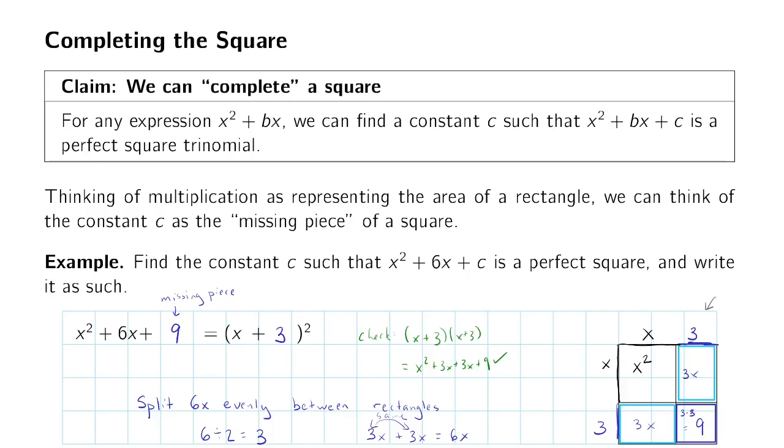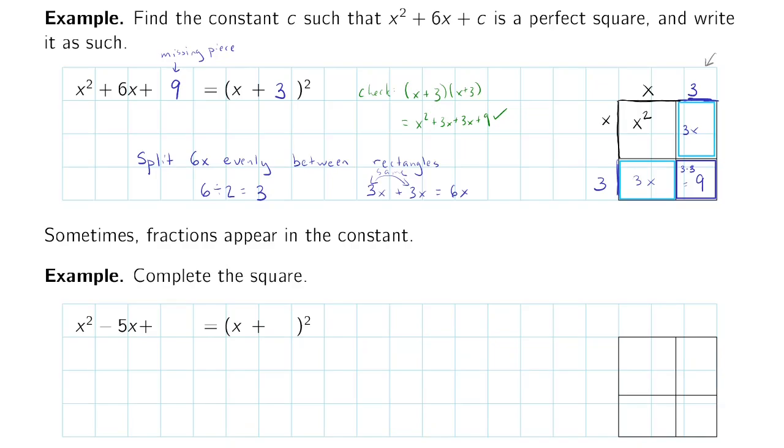Now, that one worked out pretty easily because when I took that 6x and split it in two, 6 was an even number, so I ended up with integers all around. Sometimes when we do this, fractions show up. So here again, I have x squared minus 5x plus something is going to give me my square.